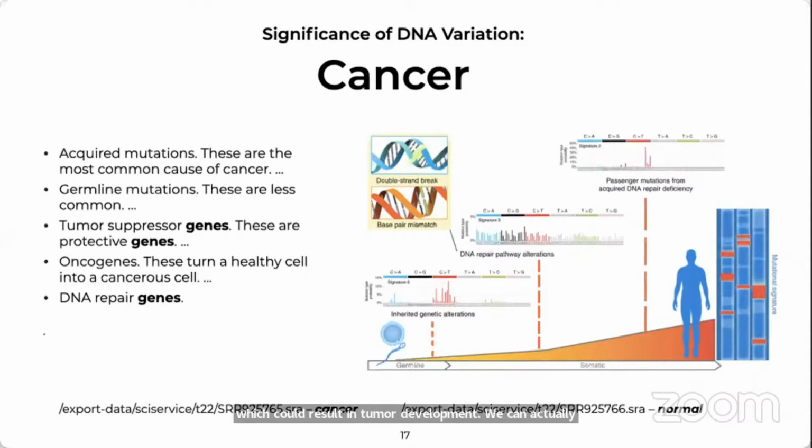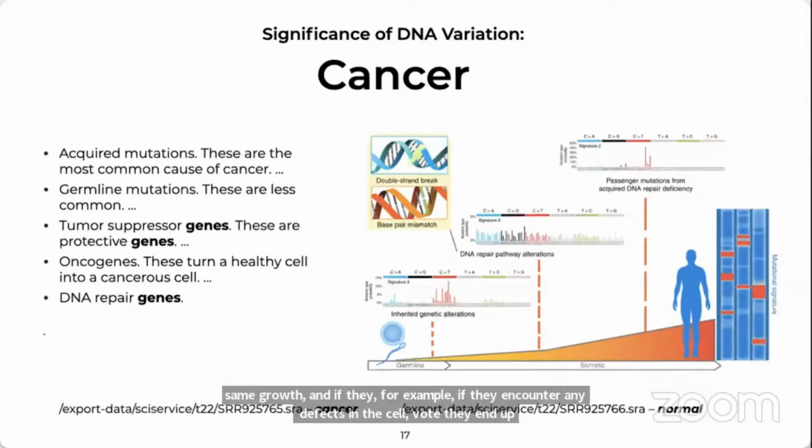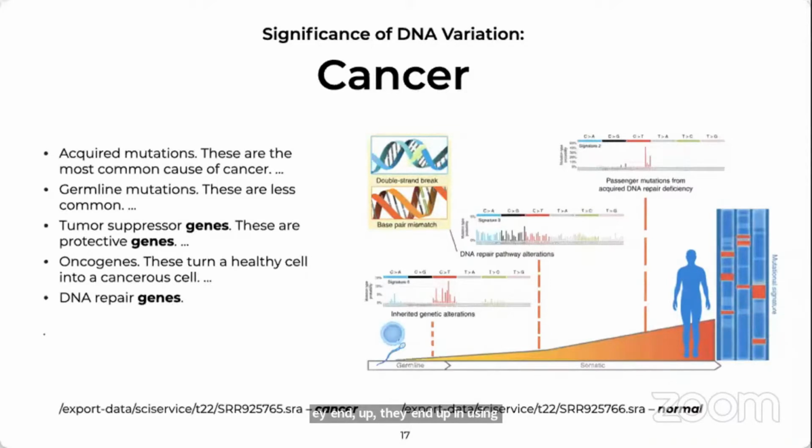For example, these genes are generally termed tumor suppressor genes, because usually these genes regulate cell growth, and if they encounter any defects in the cell growth, they end up inducing apoptosis and hence preventing the development and progression of the tumor in these samples.